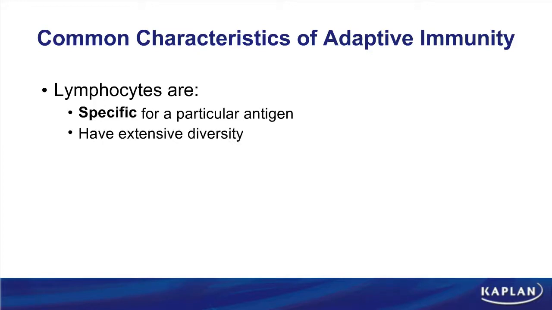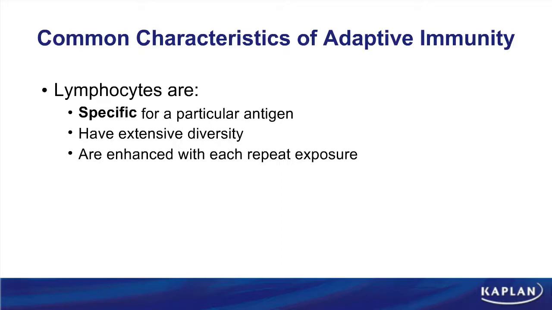Another very important aspect of the adaptive immune response is that the response is heightened with every single exposure to the pathogen. So the response you have the second or third time to a pathogen is much more robust than the initial response that you had.